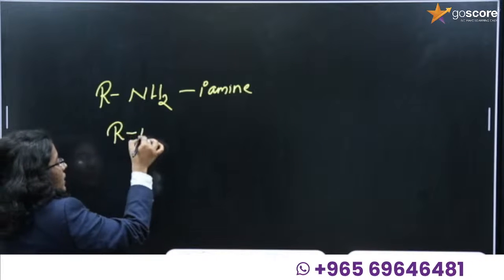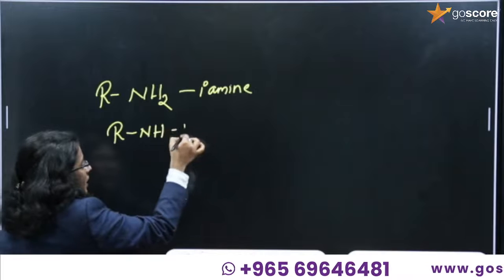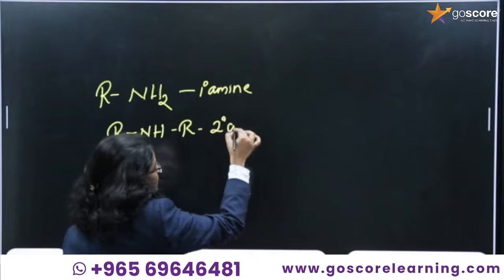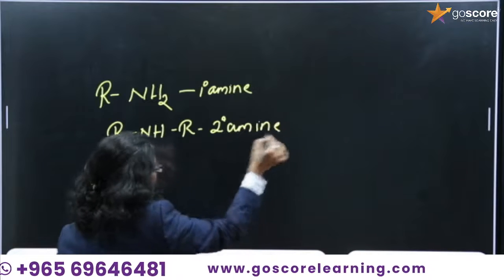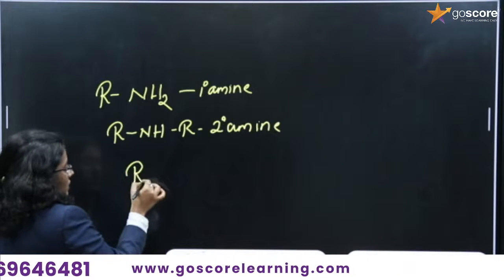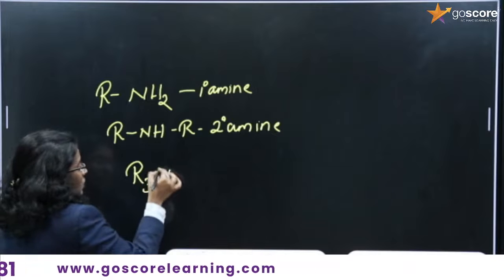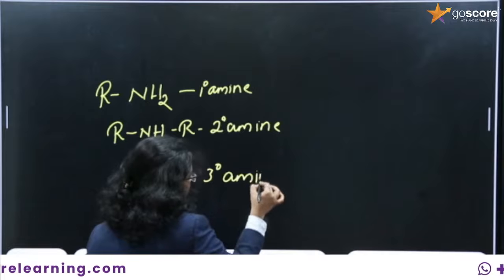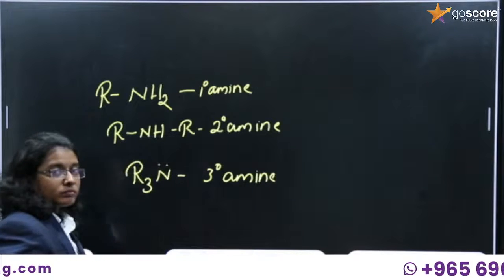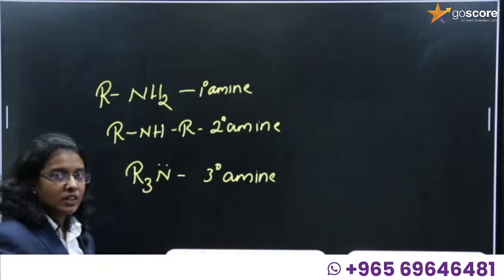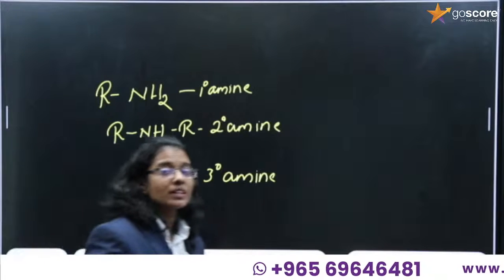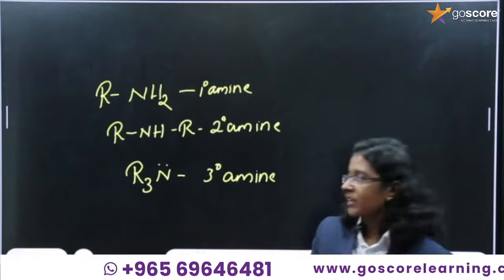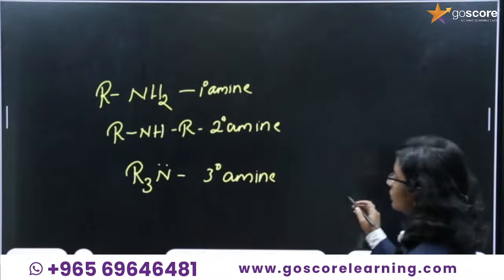If there is only one hydrogen atom, you can call it a secondary amine. If there is no hydrogen atom, that is R3N, you can call it a tertiary amine. So this is the first method of classification. I hope this is clear for you.